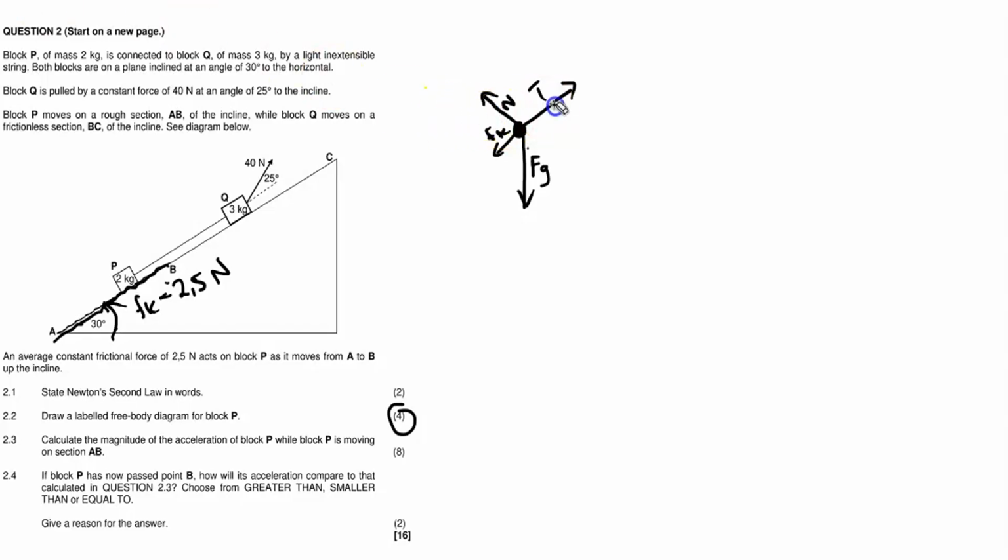And then we move on to the next question, which is 2.3, and 2.3 says to us, calculate the magnitude of the acceleration of block P while block P is moving on section AB. So when they say that, this actually says to you, do not forget to use this guy, the friction, because it's moving in AB, section AB.